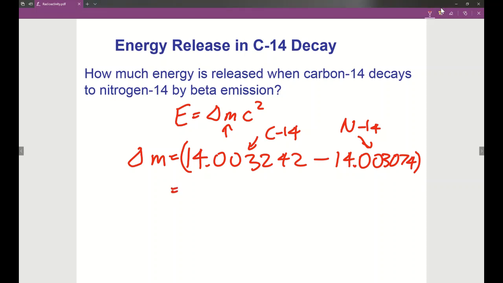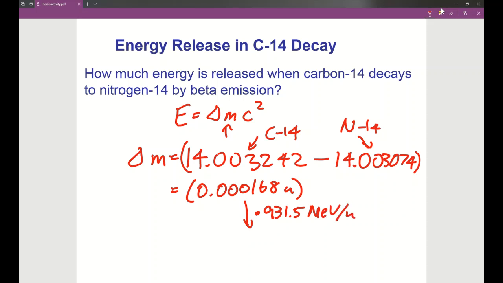Now, if we do the math, we can see that the change in mass difference is 0.000168 units. And if we convert that into mega electron volts using 931.5 MeV per unit, then we know that this E is equal to 0.156 mega electron volts, or 156 kilo electron volts.